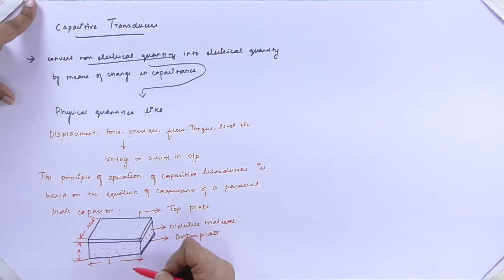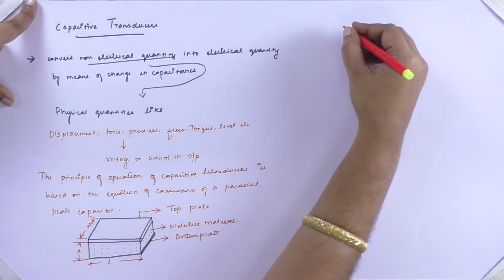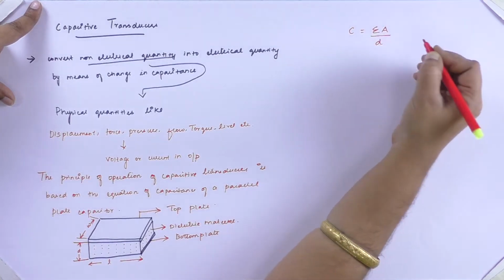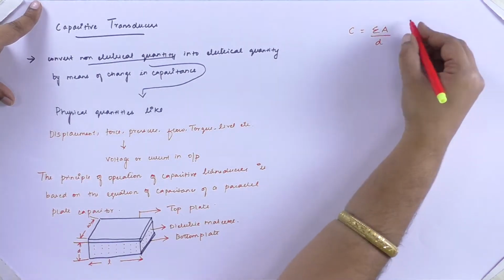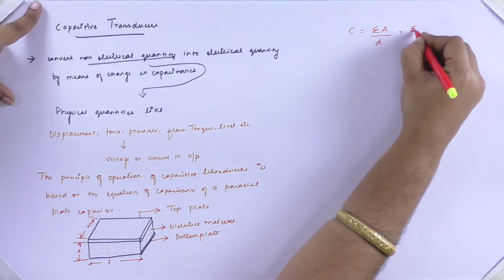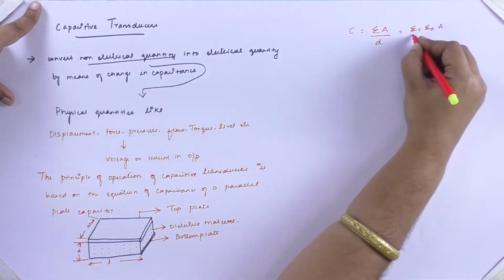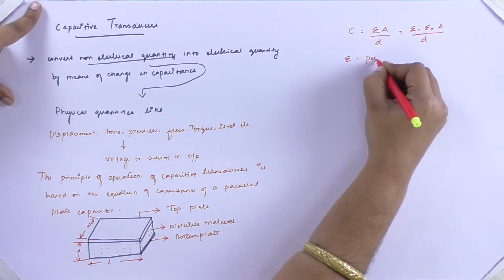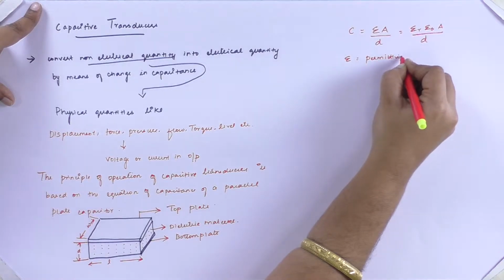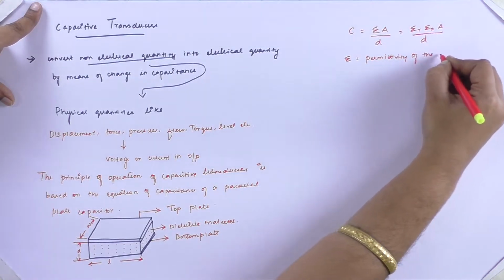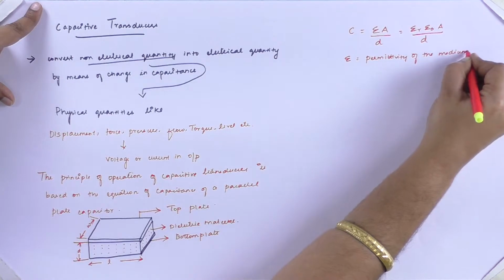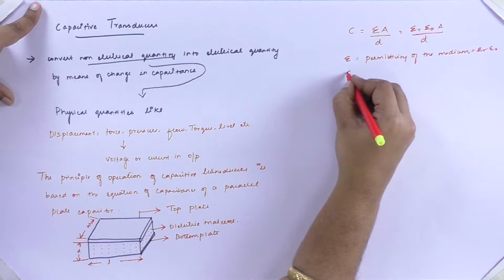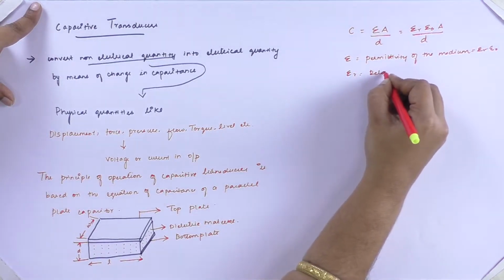So from this we write the equation for capacitance of a parallel plate capacitor, where C is equal to epsilon A divided by d. Here epsilon is the permittivity of the dielectric medium, where epsilon is equal to epsilon r into epsilon naught.